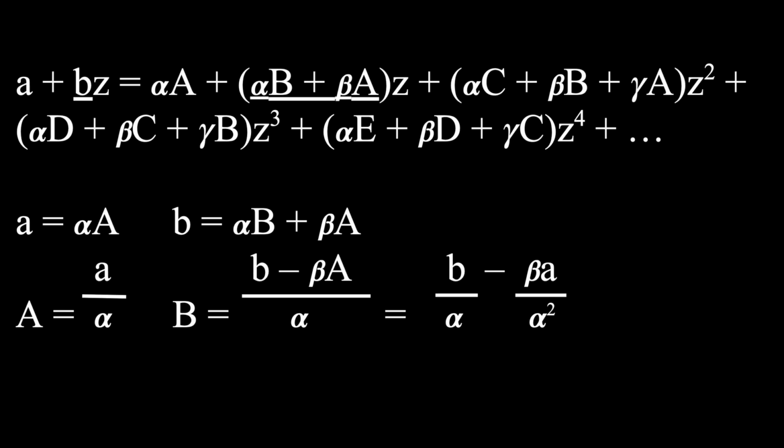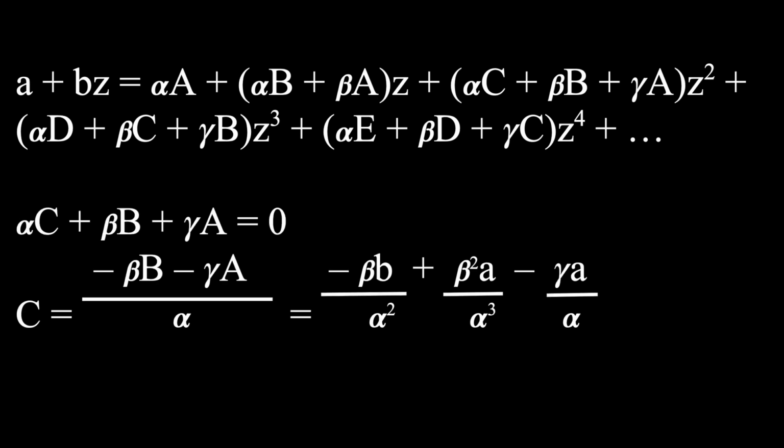For the coefficient C, we set alpha C plus beta B plus gamma A equal to 0. And with a little algebra, we see that C equals minus beta B minus gamma A all over alpha. And C equals minus beta little b over alpha squared plus beta squared little a over alpha cubed minus gamma little a over alpha.